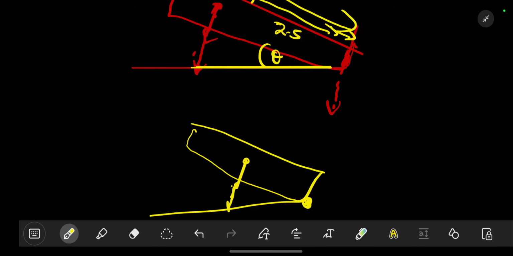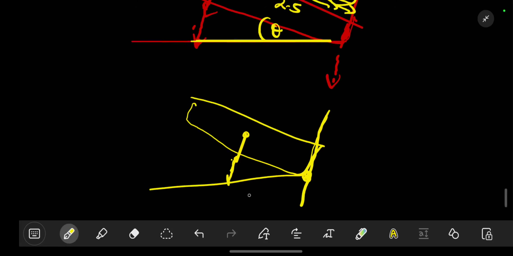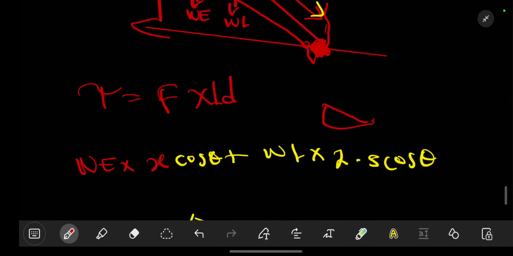Then go to your pivot point, draw another perpendicular line, and see what the separating distance is. The separating distance is from here up to here. Since that's the separating distance, and the angle is here, it shall be associated with the cos, like that.